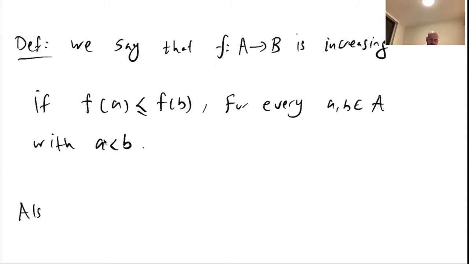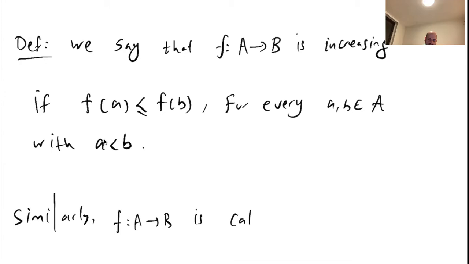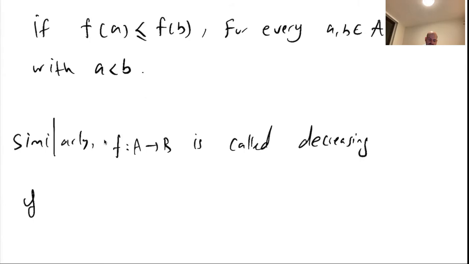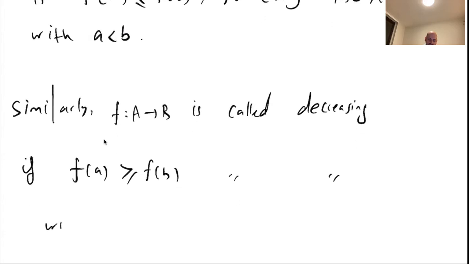Also, or similarly, the f from A to B is called decreasing. When can we say decreasing? If f(a) is bigger than or equal to f(b) for every a and b in A with a less than b.